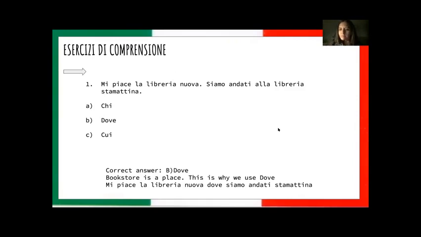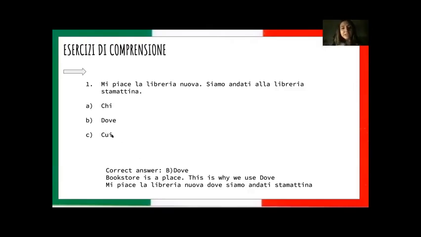Okay, so for those of you who answered cui, like let's see, Jennifer. Okay, so now is this a little bit clearer to you? Do you understand why we're using dove instead of cui? Correct. So if we had in cui with the preposition, then we could have used the cui.